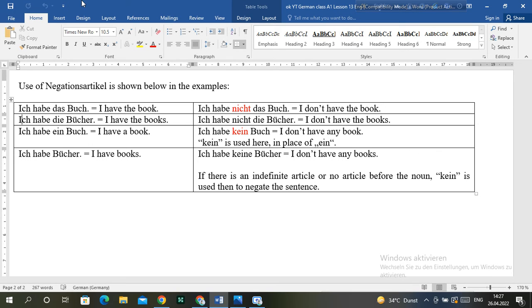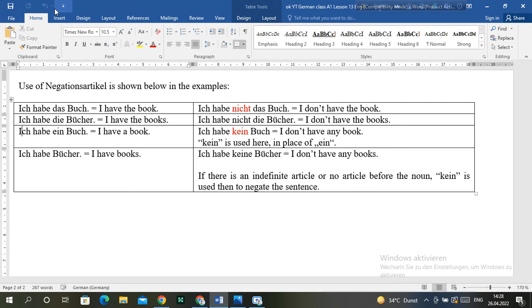Let us take another sentence. Ich habe die Bücher. I have the books. If we want to negate this sentence, we have to take also nicht because the noun has a definite article before it, die. Negative sentence is then ich habe nicht die Bücher. I don't have the books.